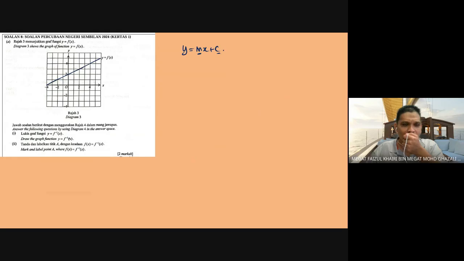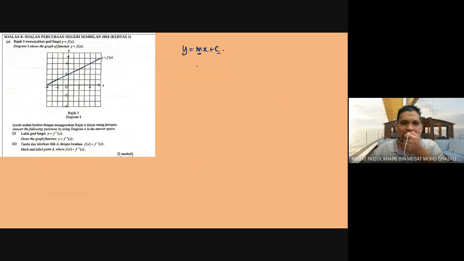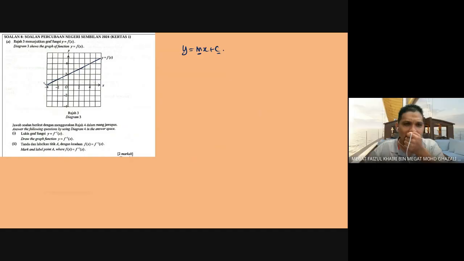So before we find the f inverse, let's find out what is the function f(x) first. What is the coordinate of this? Negative 4, 0.